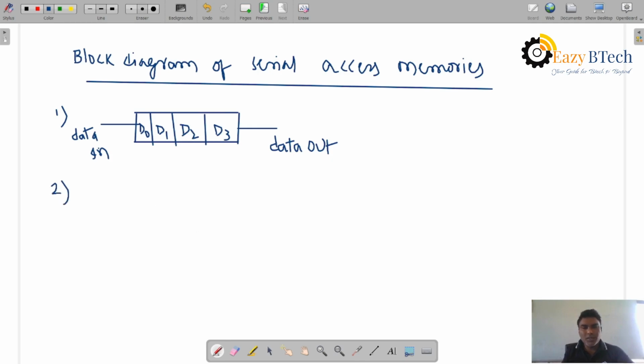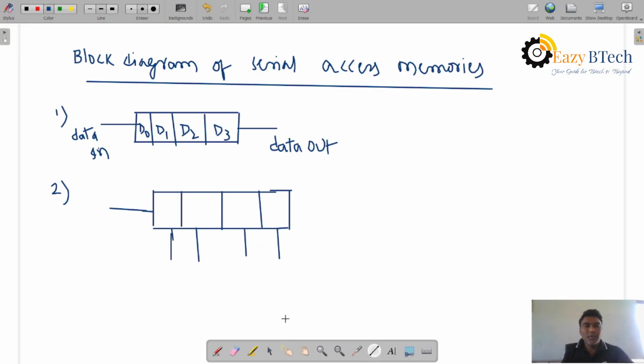The second one is serial in, parallel out. The flip-flops are here. Four flip-flops means it processes 4-bit data. We are applying the input serially and taking the output in parallel.